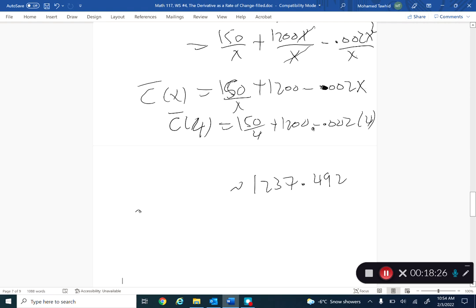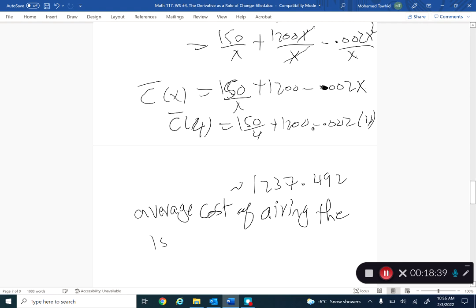So that is called the average cost. I'm explaining what the number means. The average cost of the first 4 TVs is 1,237.492.